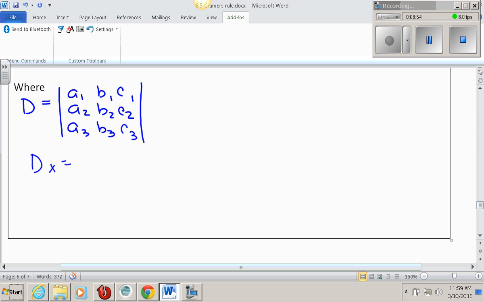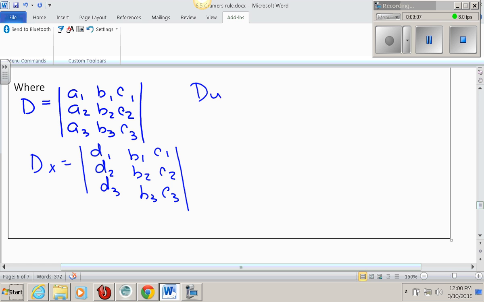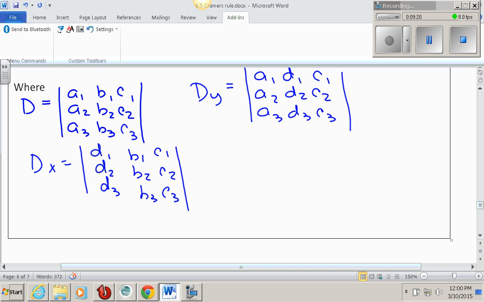Determinant for x: d1, b1, c1, d2, b2, c2, d3, b3, c3. Y: a1, d1, c1, a2, d2, c2, a3, d3, c3. And last but not least, the determinant for z: a1, b1, d1.